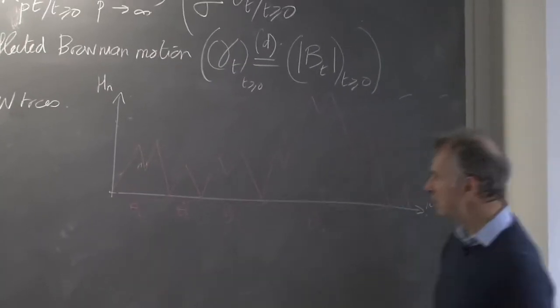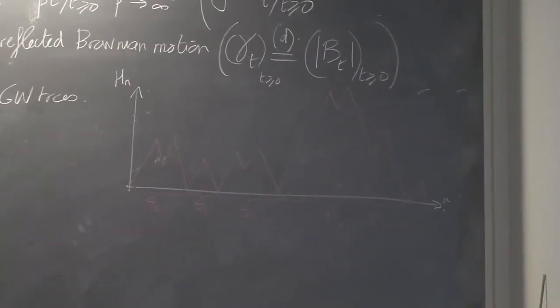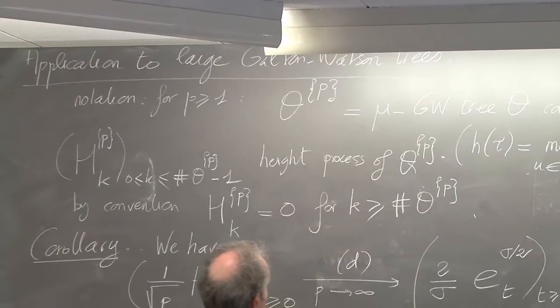Now, the remark we can make is that suppose we want to find a tree which has this distribution here.